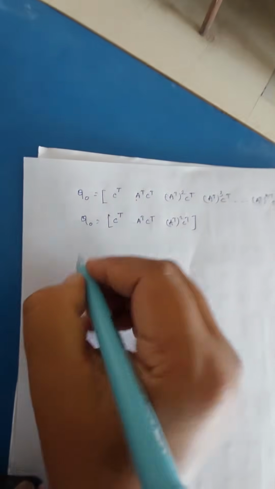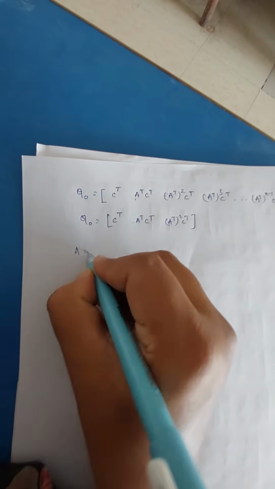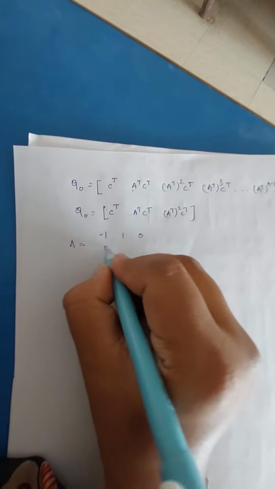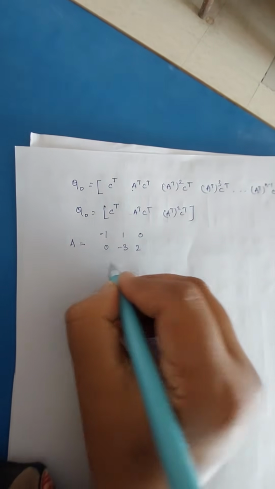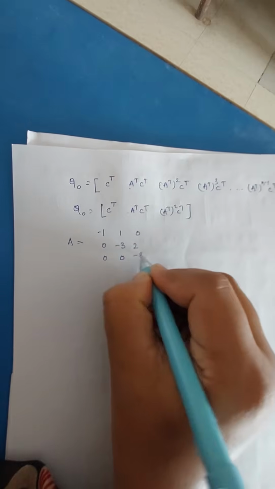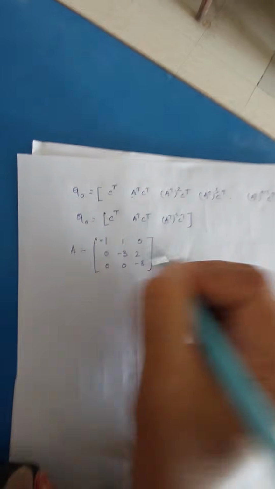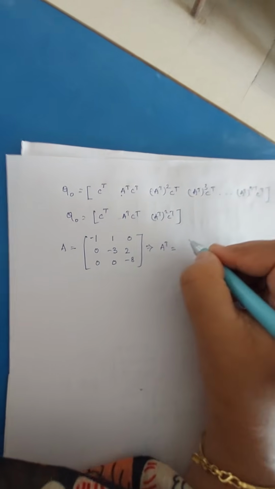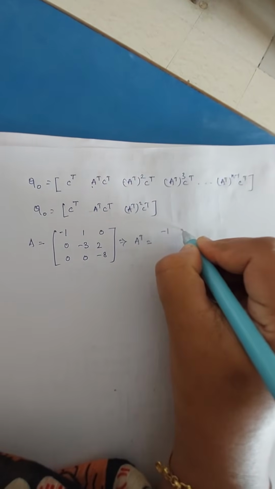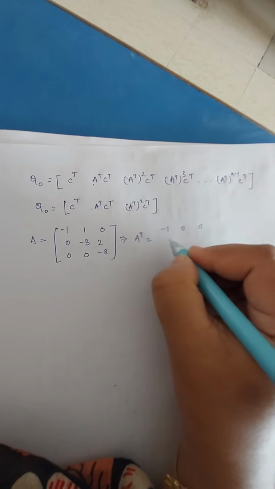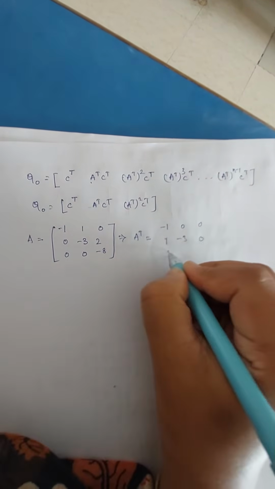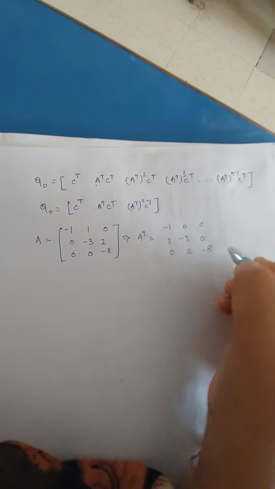Before that, first we write the matrix A, which is minus 1, 1, 0, 0, minus 3, 2, 0, 0, minus 8. If you take the transpose, A transpose is minus 1, 0, 0, 1, minus 3, 0, 0, 2, minus 8.